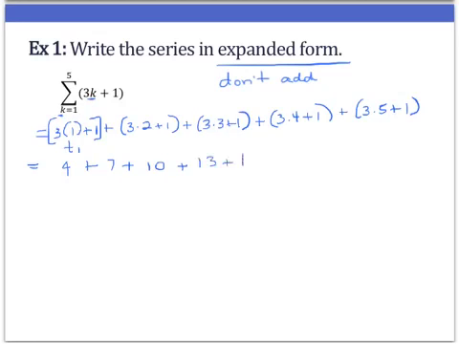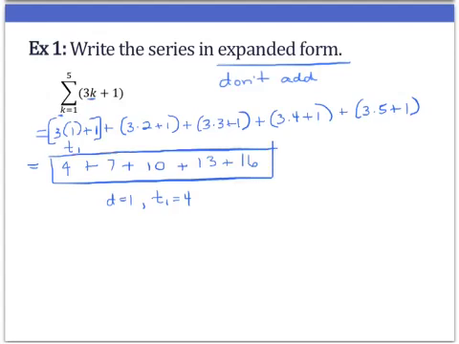And the fifth one is 16. And as you can see, this is an arithmetic sequence. 4, 7, 10, 13, 16 has a difference of 3 with the first term equal 4. And if you add those 5 numbers together, that would be our final answer, but I want my answer in expanded form, so this is the answer.